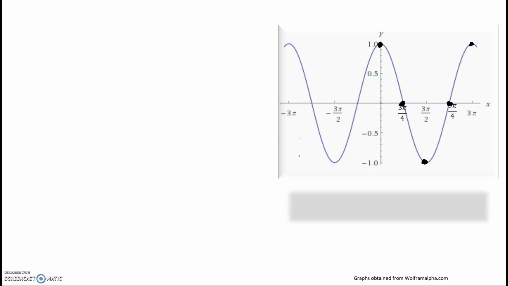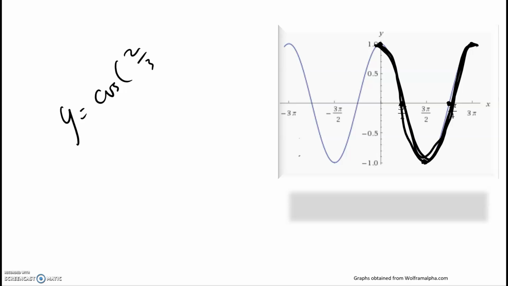And remember, cosine makes this shape right here. So that is one fundamental cycle of y equals cosine of 2/3 x, right there.